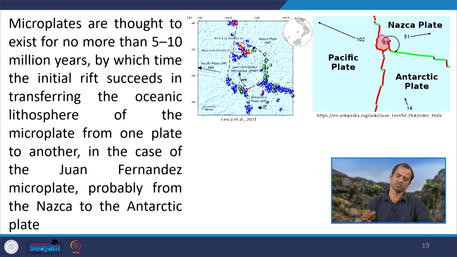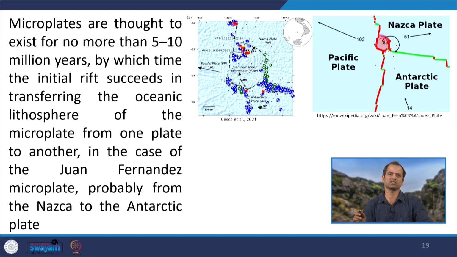So, that means from the Nazca plate to the Antarctic plate, from the Pacific plate. This type of jumping occurs, and this jumping is due to the propagating rift system. If the rift propagates in this way or in this way, this fault becomes a part of either here or here.